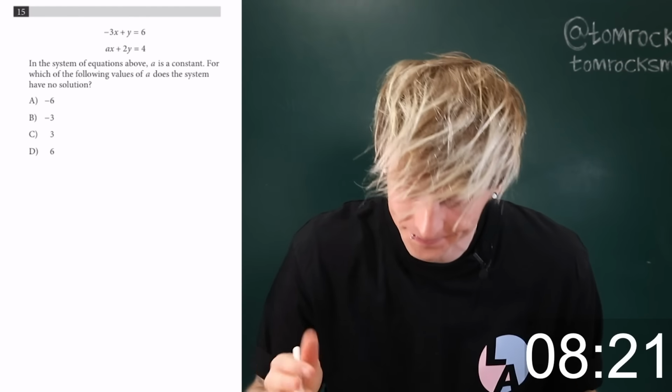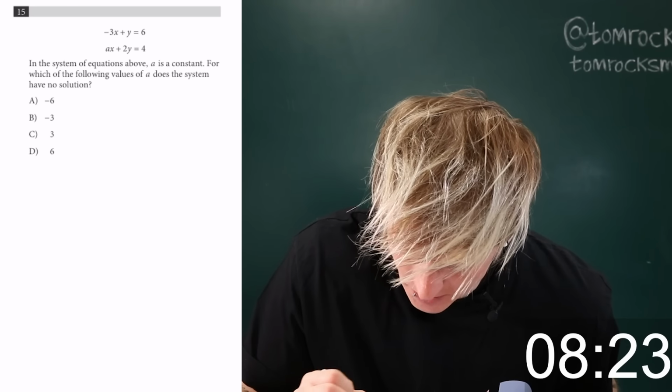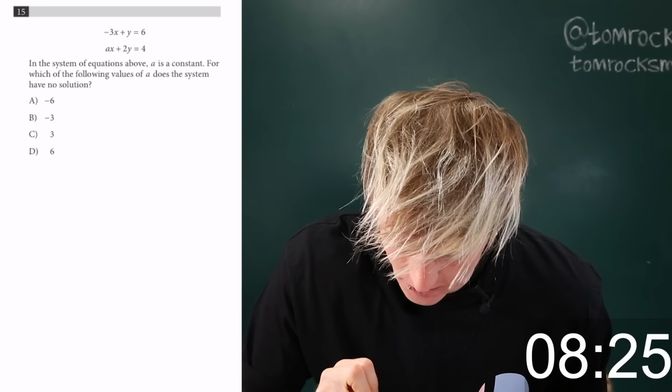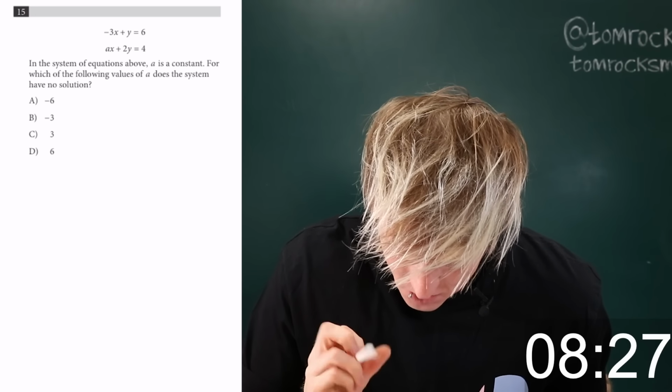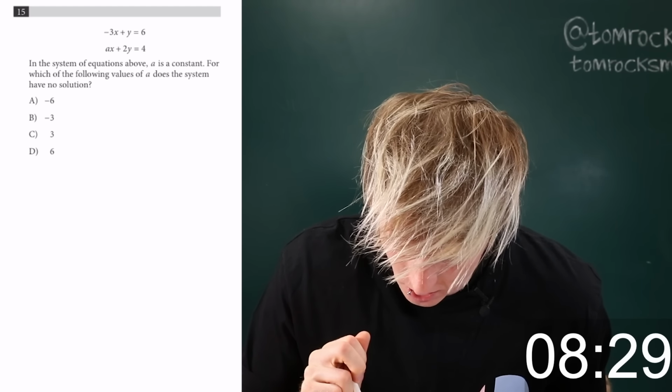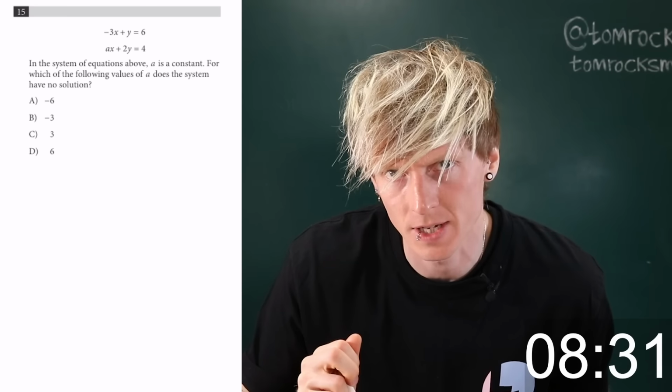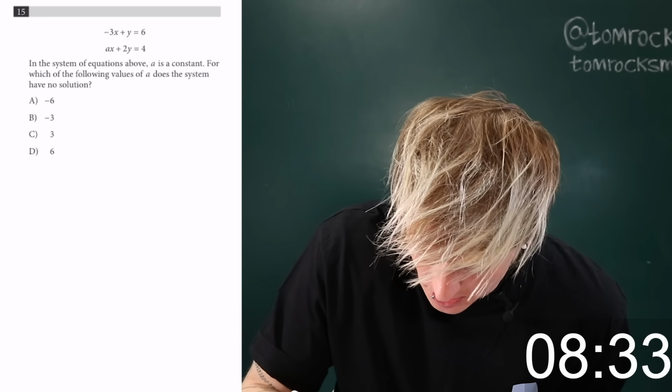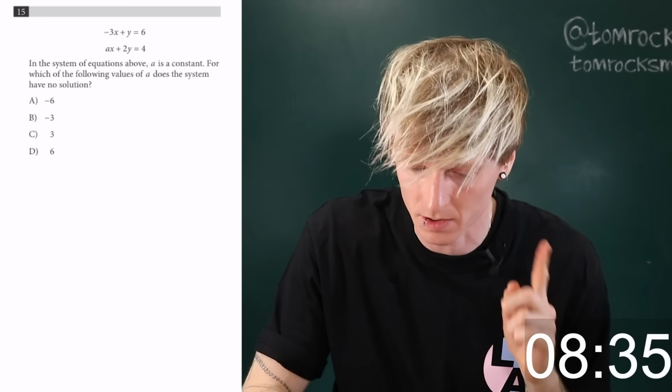Okay, 15. The system of equations above, a is a constant. For which of the following values of a does the system have no solution? Interesting. That would be when they are multiples of each other and fail.